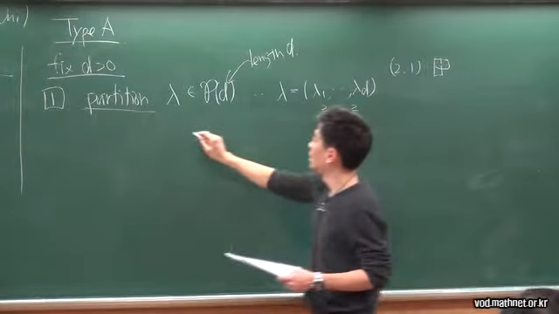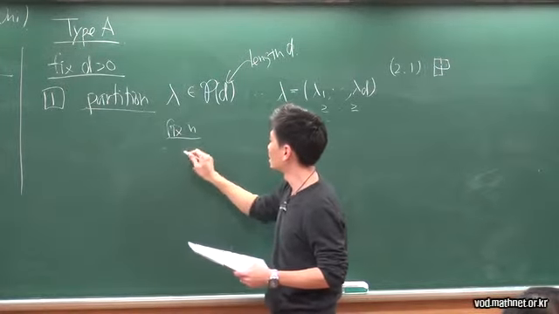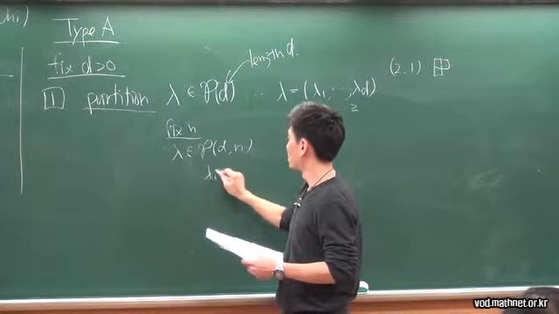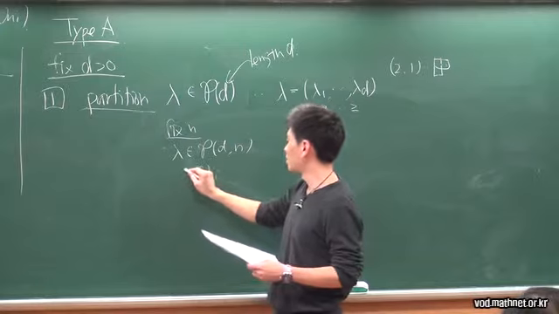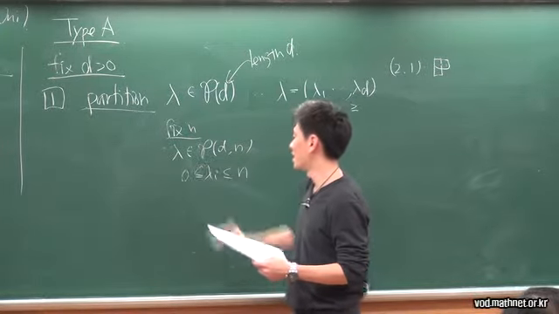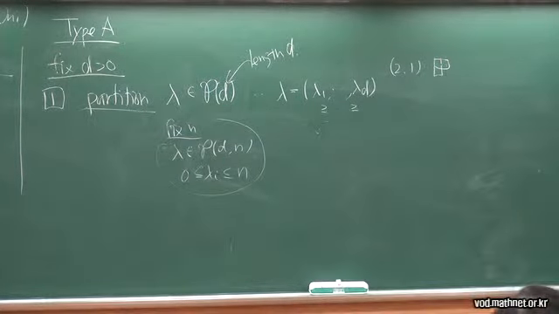But I also use the notation, if you fix some n, then in this case each lambda i, the number of boxes, is between 0 and n. Let me just draw the picture, n equals 4.